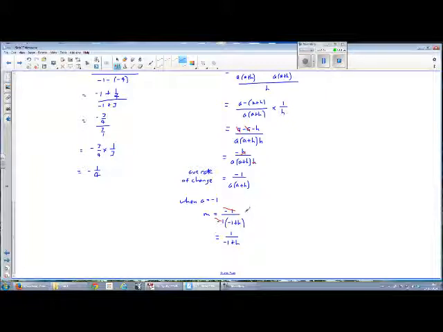So we're going to come up here and we'll say, okay, the preceding interval we let h equal negative 0.001, and in the following interval, I let h be positive 0.001, and then again, the average rate of change is 1 over negative 1 plus negative 0.001.